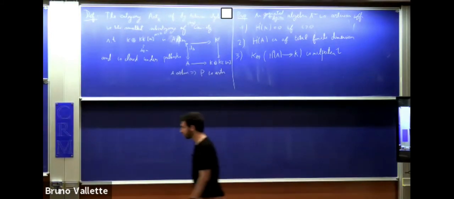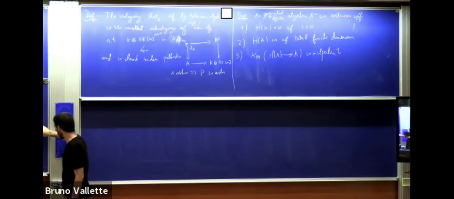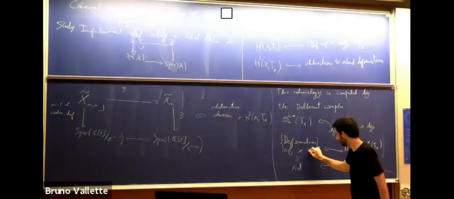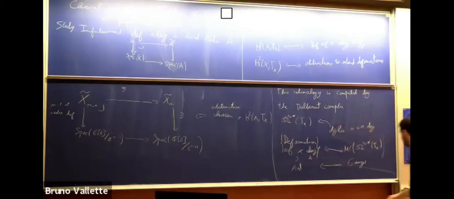Right. So what I should have actually written here is that you always need to know what you're deforming along. So if I want deformations of x along the Artin algebra A, here I should be considering the unique maximal ideal of A. We're doing things over a field, so it's really just an augmented algebra, so it's the kernel of the augmentation as well.